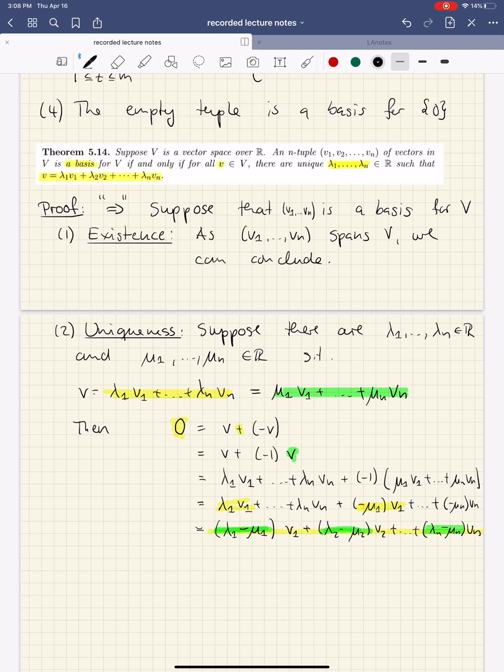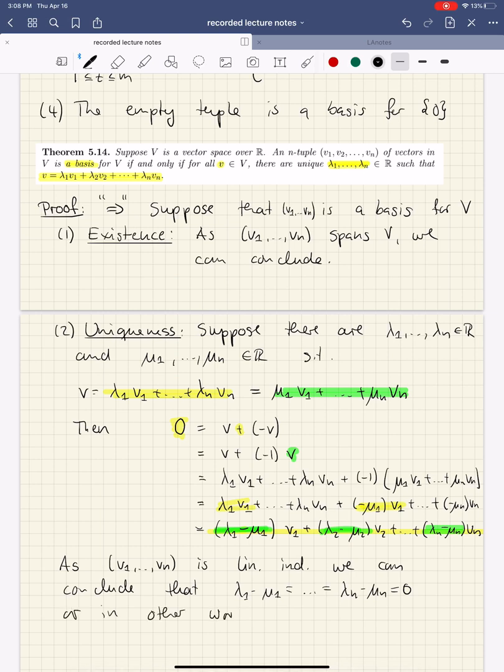So as v1 through vn is linearly independent, we can conclude that lambda 1 minus mu 1 is equal to lambda n minus mu n equal to 0, or in other words, lambda 1 equals mu 1, all the way up to lambda n equals mu n, which is precisely what we wanted to show.